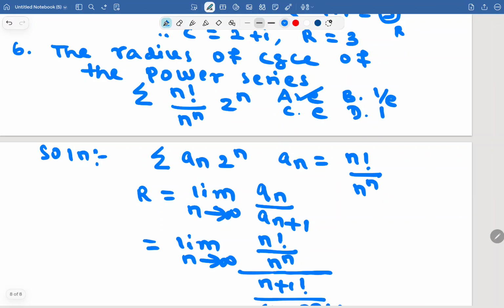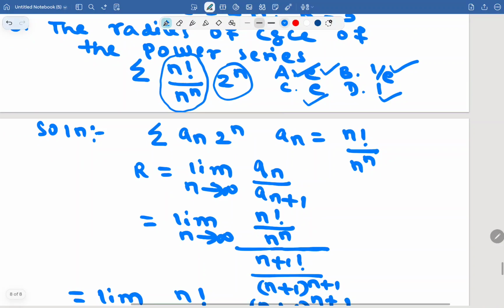Problem number 6: we have to find the radius of convergence for the power series summation n factorial by n power n into z power n. Option A is e, second one 1 by e, third one C, last one 1. You have to check which one is the correct one.